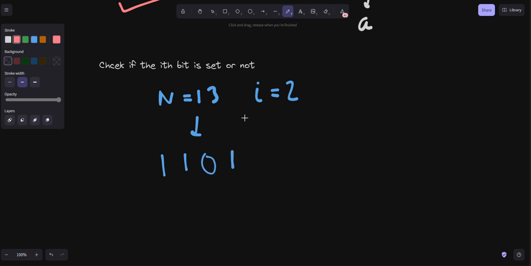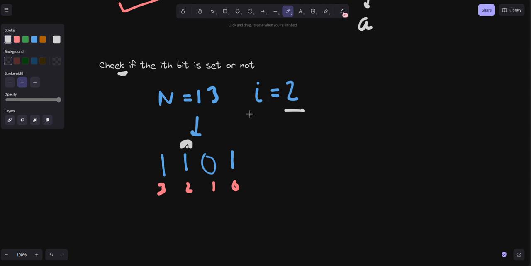Now I can also write the indices 0, 1, 2 for these bits. I need to check if the ith bit, the second bit, which means this bit, is set or not. Set means 1. I need to check whether this bit is 1 or 0.